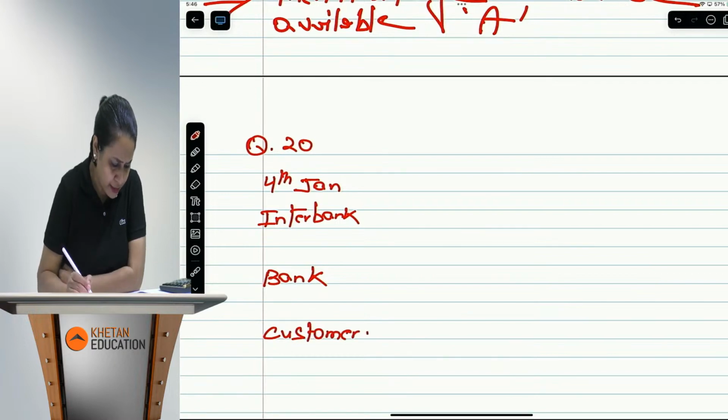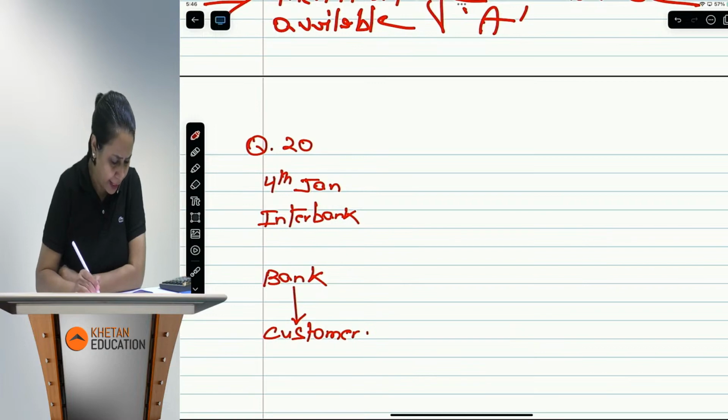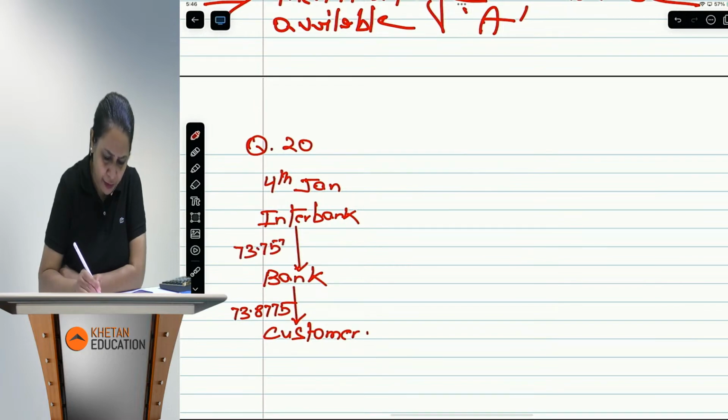The customer entered into a promise to buy in the forward market. It is a payable sum, guys, at 73.8775. Is it correct, guys? And at the same point of time, the bank went into the interbank market and bought the same amount of currency at the rate of, what is the rate? 73.7575.